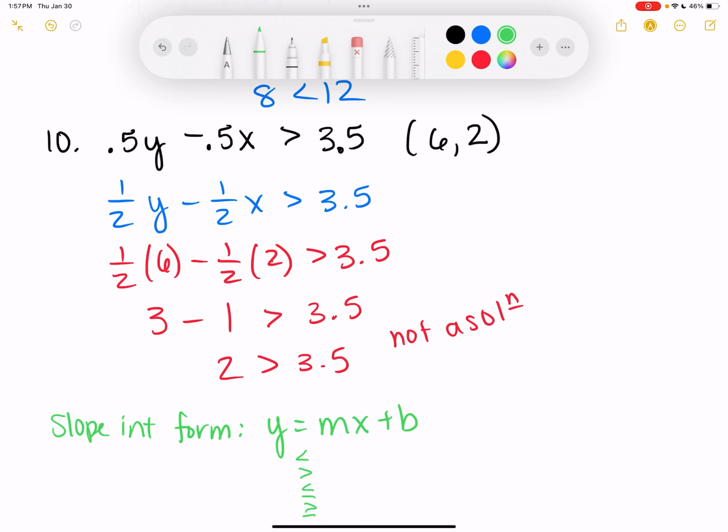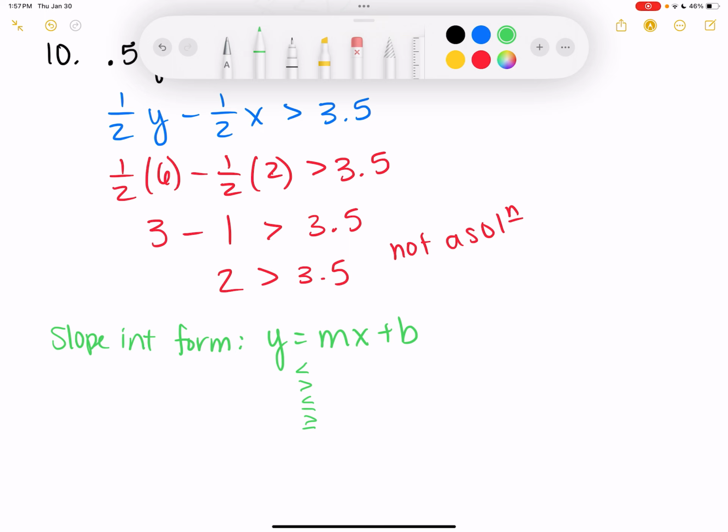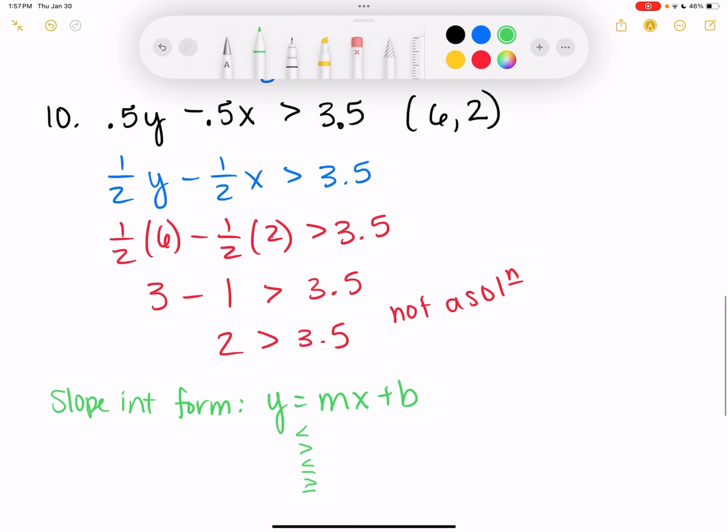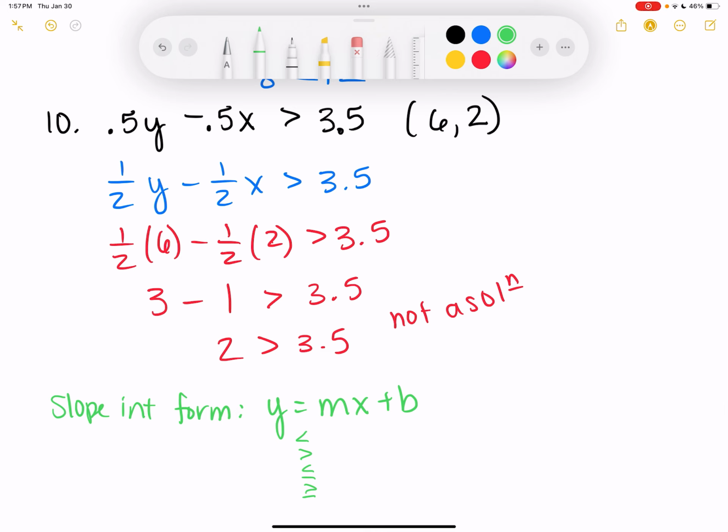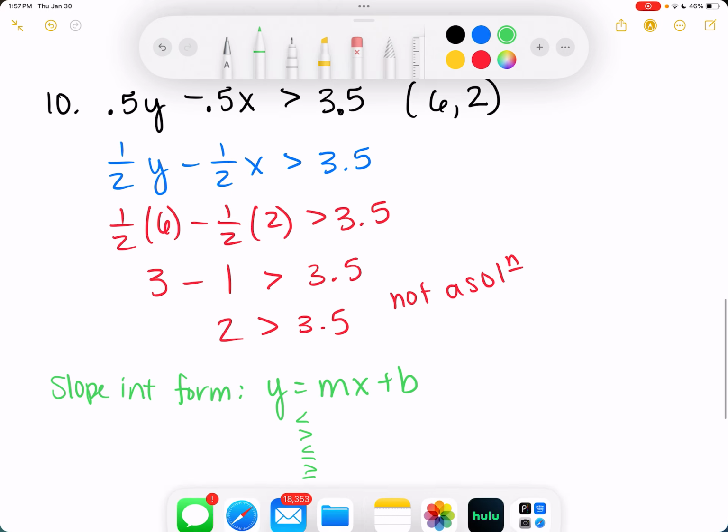Okay? Yes. I'm a bit confused in number 10. Are we multiplying? Yes, we multiplied. Don't you have to multiply 3 into 1? These aren't multiplying. These are being subtracted.